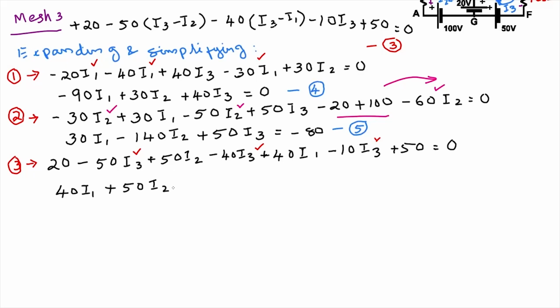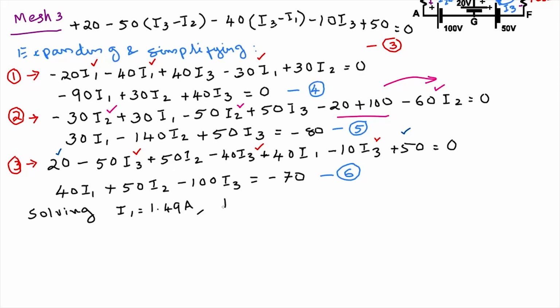Adding these three, minus 100 I3 is equal to minus 70. Let this be equation 6. Solving equations 4, 5 and 6, we get I1 equal to 1.49 ampere, I2 equal to 1.65 ampere and I3 equal to 2.12 ampere.